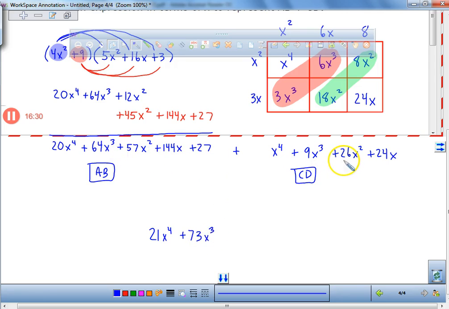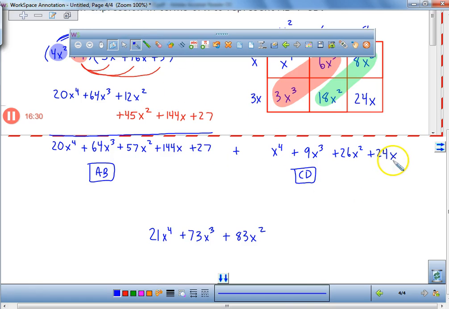Nope. Probably easier if you did it this way. You had it right the second time. Yeah, 83. See, if you take the 3, carry the 1, right? So you have 83x squared, correct?